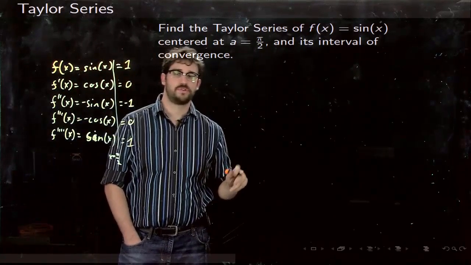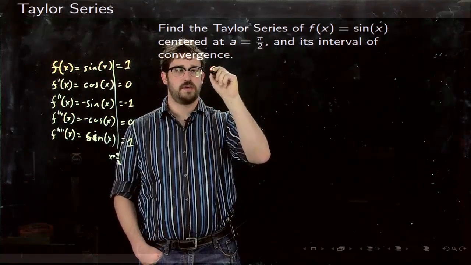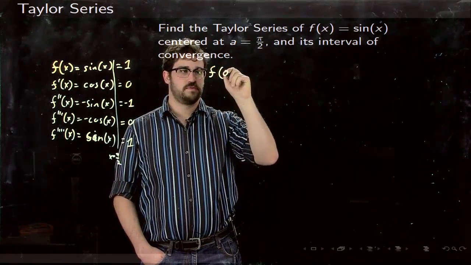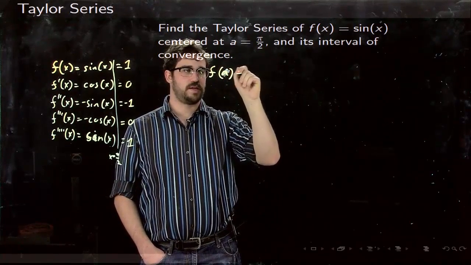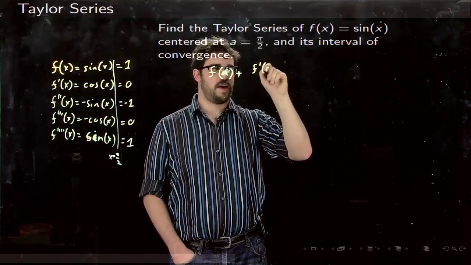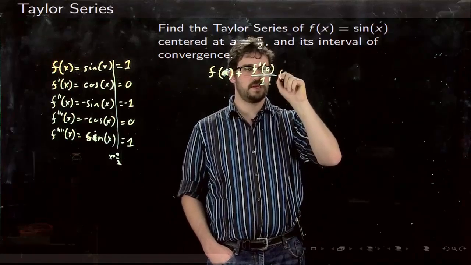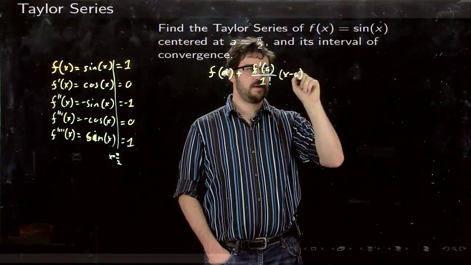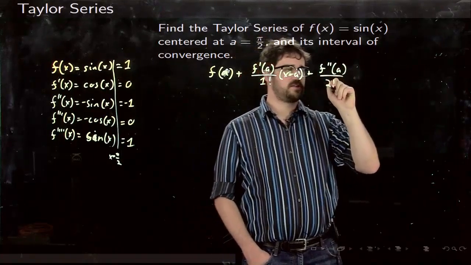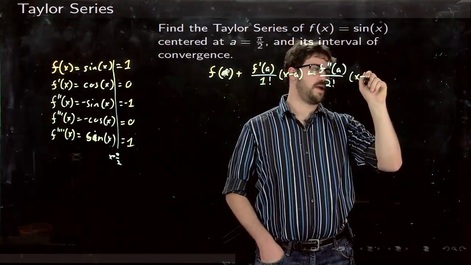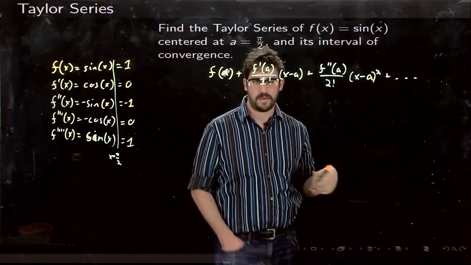All right. So what is the Taylor series? Remember that this is going to be f of a plus f prime of a over 1 factorial, x minus a, plus f double prime of a over 2 factorial, x minus a squared, plus and so on, continuing on the pattern.